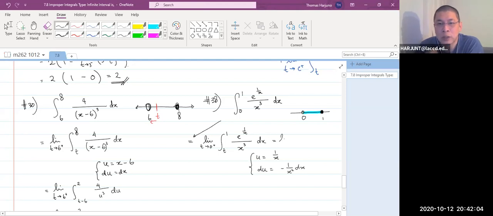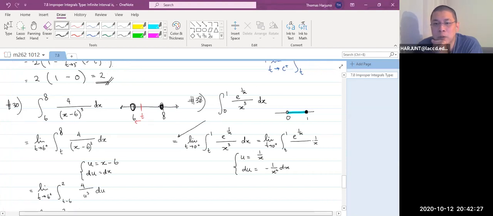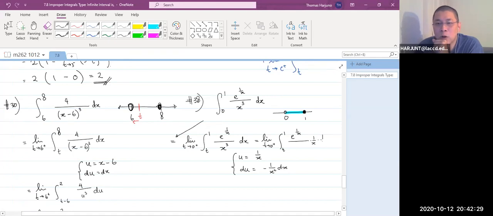This is the limit as t goes to 0 from the positive side of the integral from t to 1 of e to the 1 over x, and I want to write this as 1 over x times 1 over x squared dx.